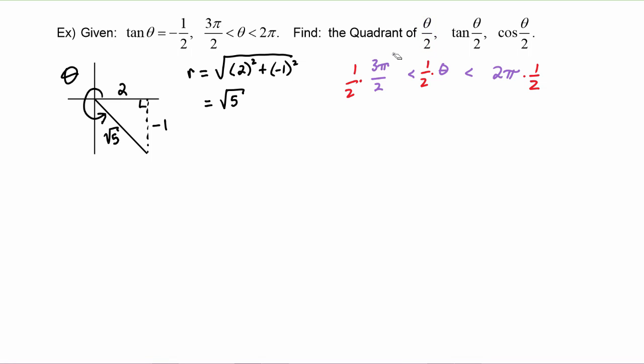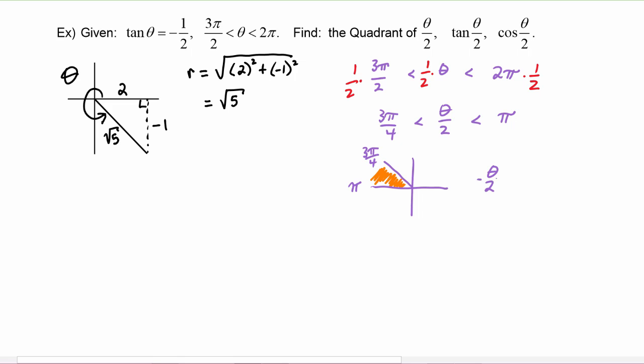Then our inequality will become 3 pi over 4 is less than theta over 2 is less than pi. So looking at a picture of that, we know 3 pi over 4 lives here, pi lives here, so theta over 2 has to live between those two, which means that theta over 2 is in quadrant 2.